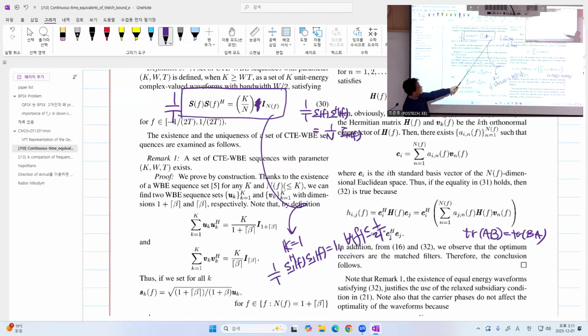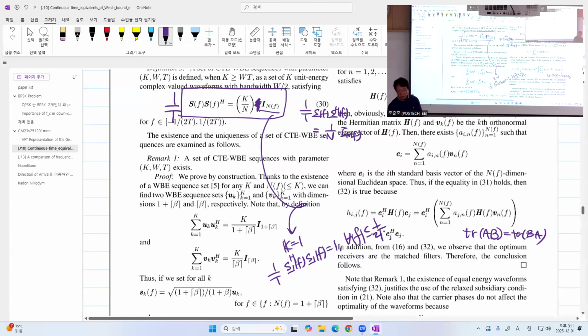What about the right-hand side? Trace of identity matrix with size n of f. Then we have n of f, right? So this becomes, sorry, you need to be careful. Trace, yeah. So right-hand side becomes this one.